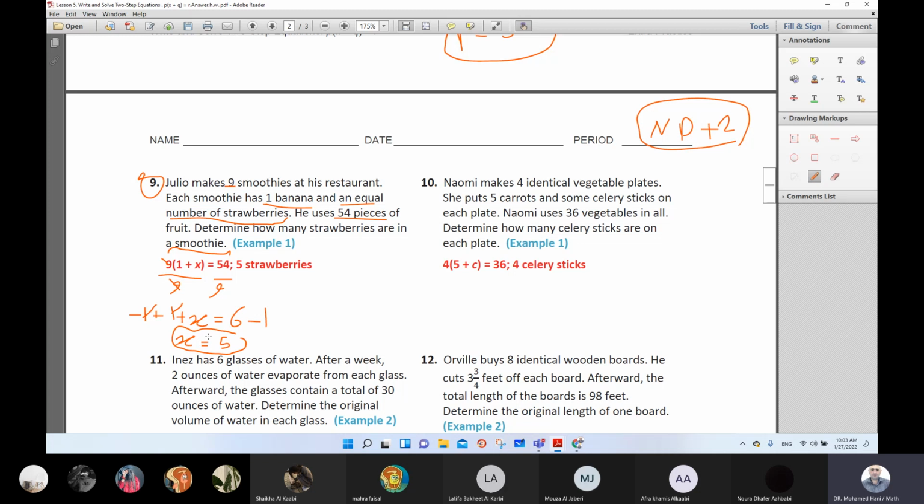But the last question in this lesson, number 10. Who can read number 10, please?